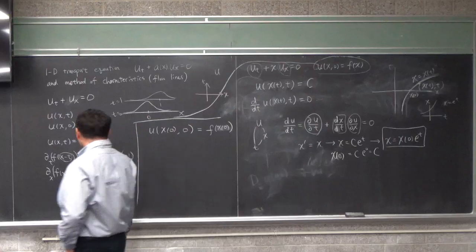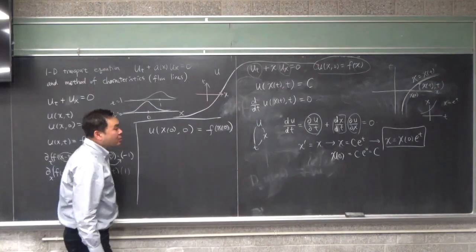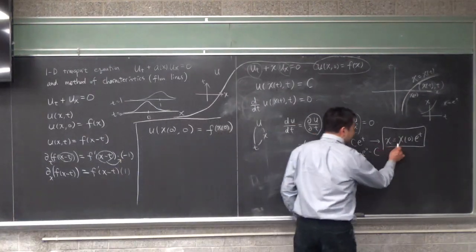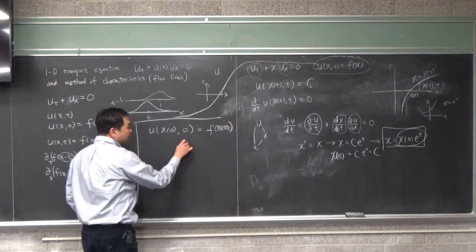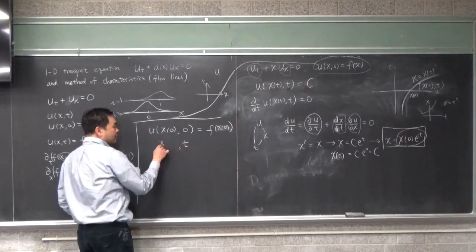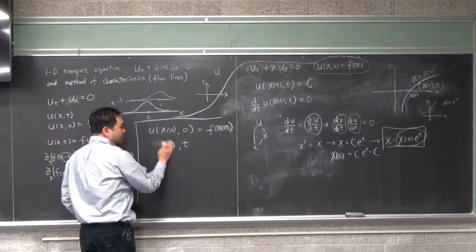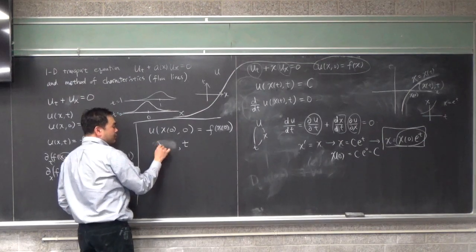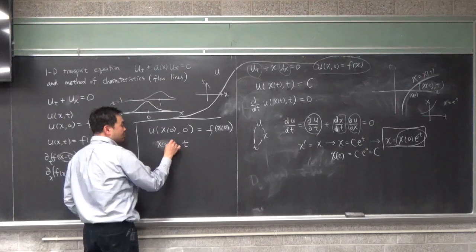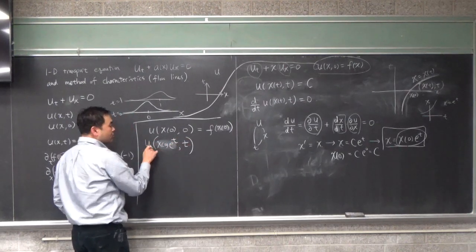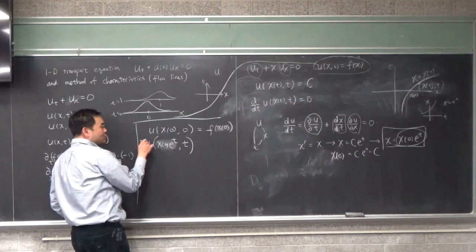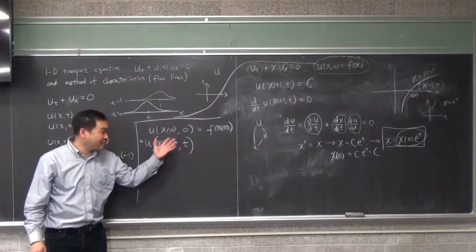But then, because our x of t, this thing here, makes everything constant if you follow the flow lines, or x of t is x0 times e to the t, the value of u doesn't change because it stays constant.